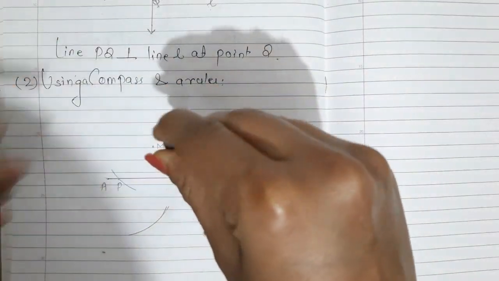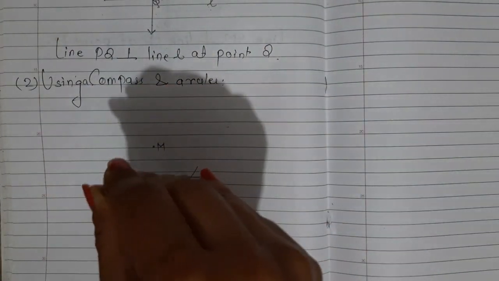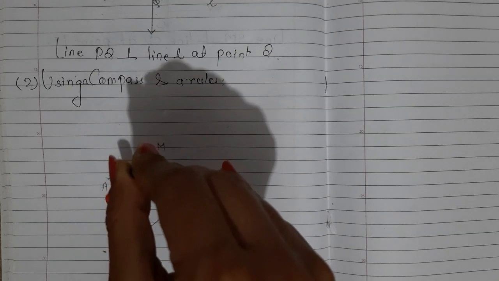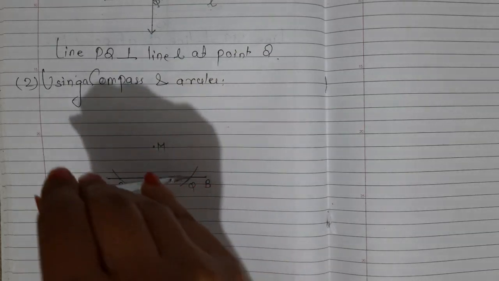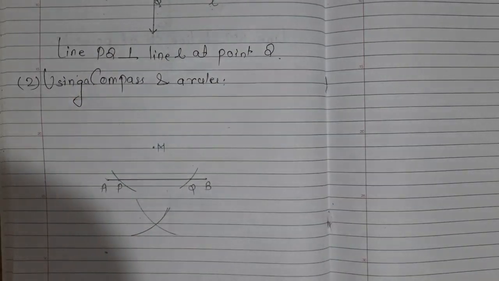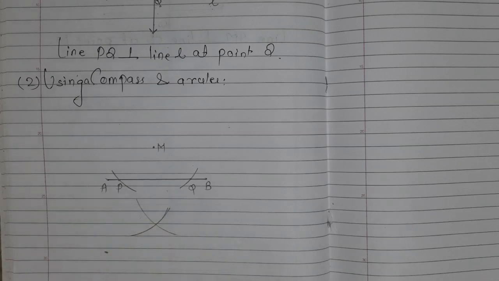Similarly, I will keep the center of the compass on point Q, and taking a distance of more than half, I will draw an arc which will cut the previous arc like this.